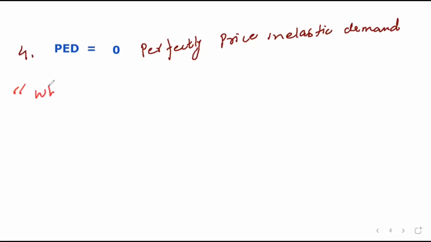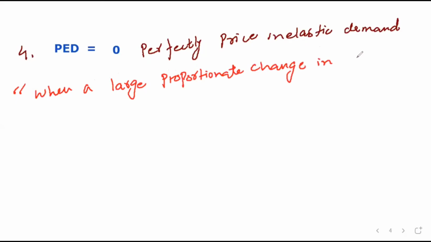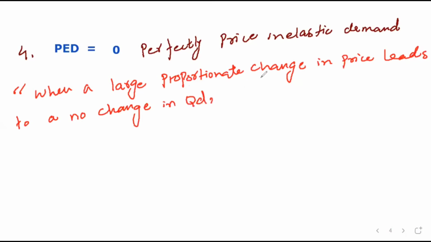When a large proportionate change in price leads to no change, this is the extreme case, no change in quantity demanded, then this type of demand is called perfectly inelastic demand.